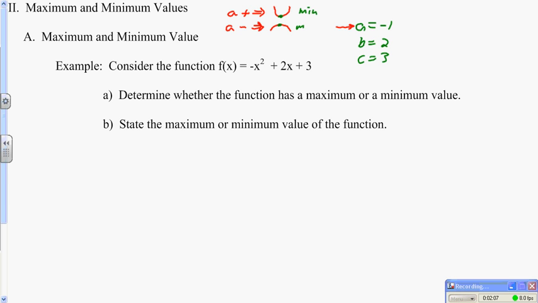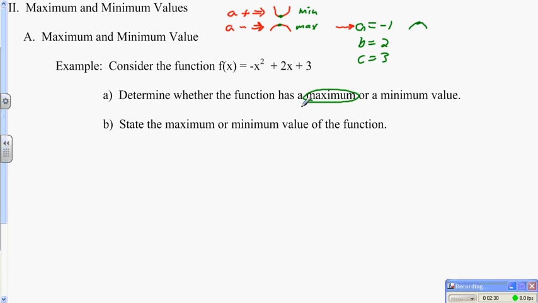That's as high as it will get. So based on the information that a is -1, that means that it will open downward and therefore have a maximum. And that's just by looking at the function.